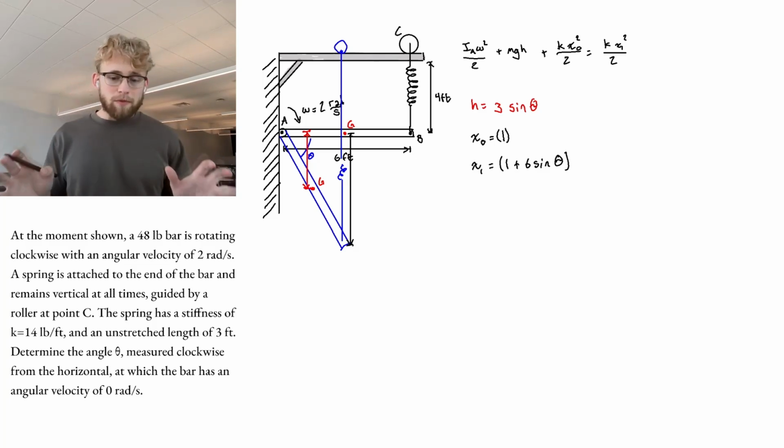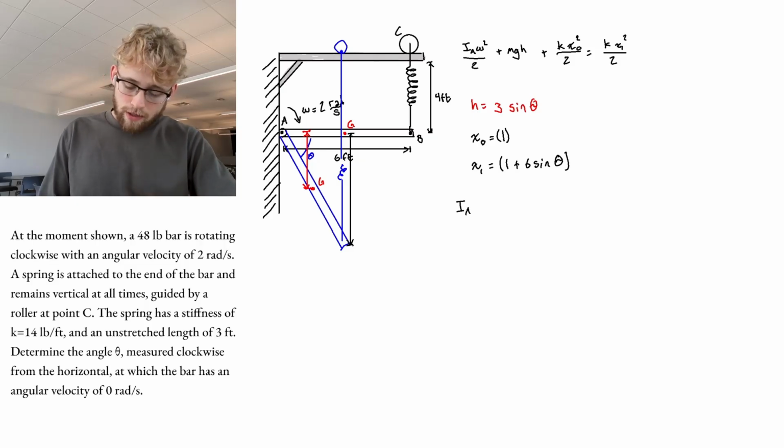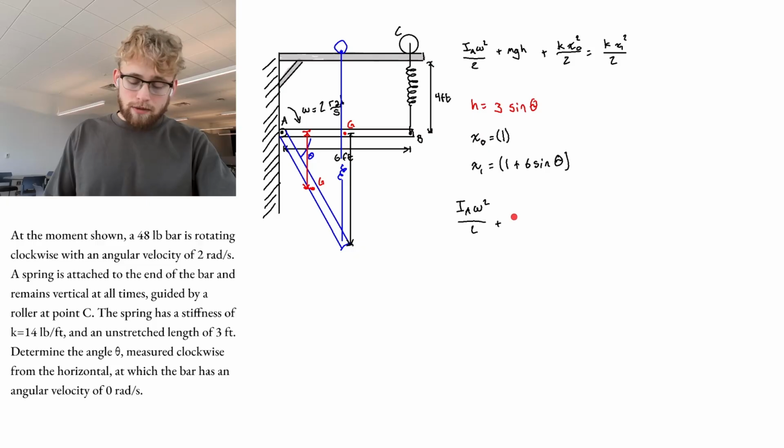All right, now we've put h in terms of theta, and we've put x in terms of theta. Let's substitute everything back in and see where we're at. So I sub A angular velocity squared plus mass, which is a 48-pound bar, so 48 over g times h.